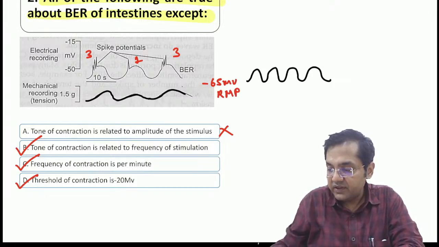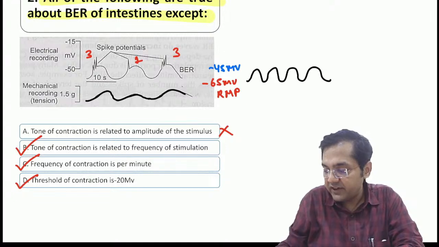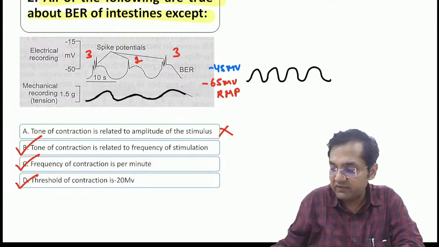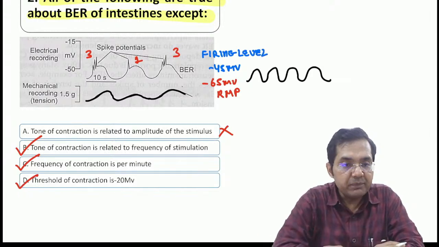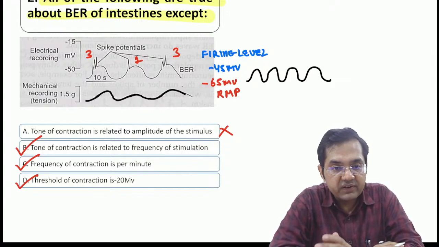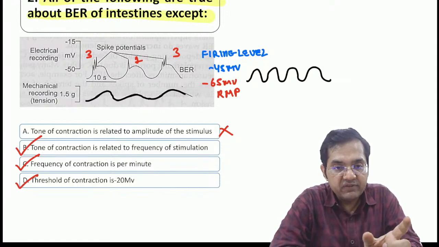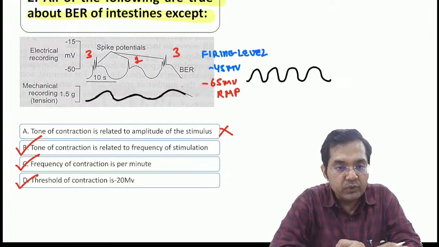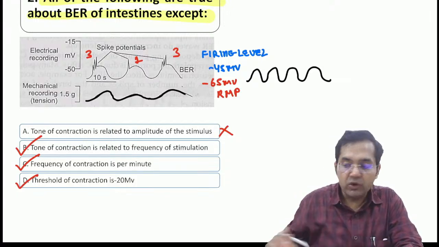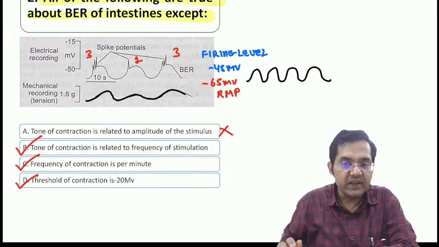This is minus 45 millivolt, which is your firing level, also known as threshold potential. So what is the threshold of contraction? Yes, minus 65. I want to go to minus 45. How much do I need? Plus 20, right? So threshold of contraction is around minus 20 millivolt, or we need a stimulus of plus 20, as we say.